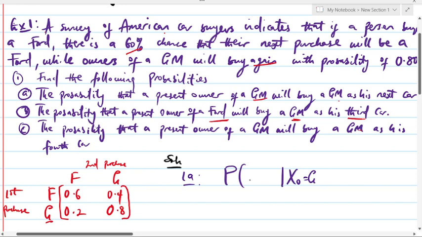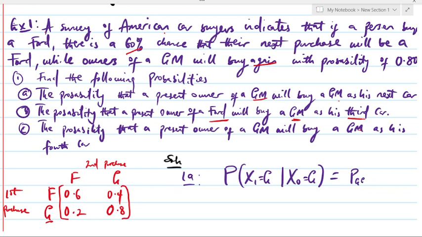We buy GM as his next car, that is X1 equals G. And that is the probability of transition from the current G to G over step 1. So the probability of moving from G to G is 0.8. I believe you get that. That is straightforward though.